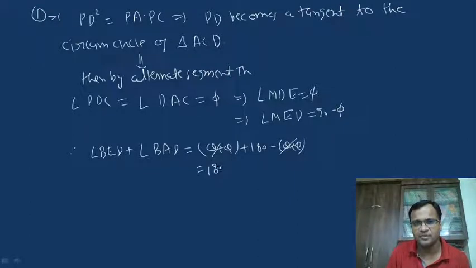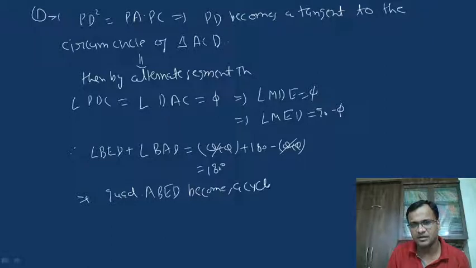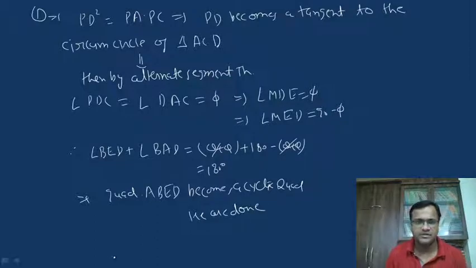This sum becomes 180 degree. This will imply, if opposite angles are supplementary, then clearly the quadrilateral ABED becomes a cyclic quadrilateral, and hence we are done. Thanks for watching.